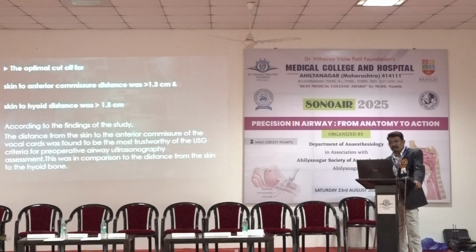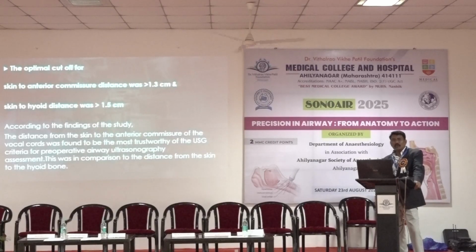He found that if the distance from skin to hyoid is more than 1.5, or the distance from skin to anterior commissure of the vocal cords is more than 1.3 centimeters, it will be a difficult laryngoscopy in obese patients.